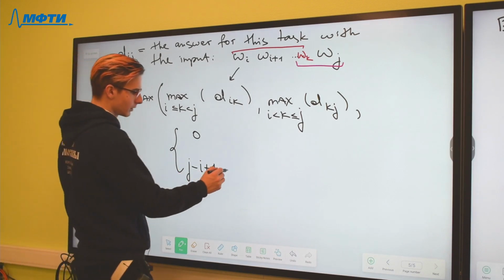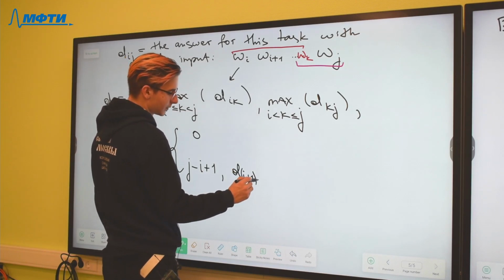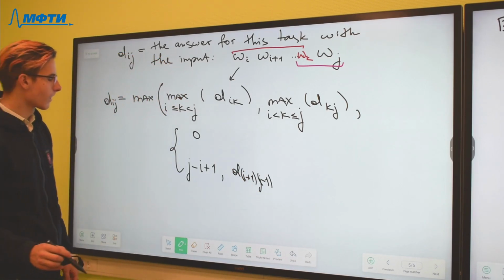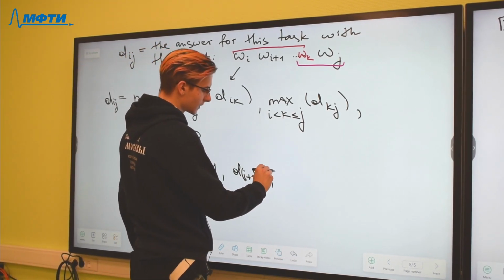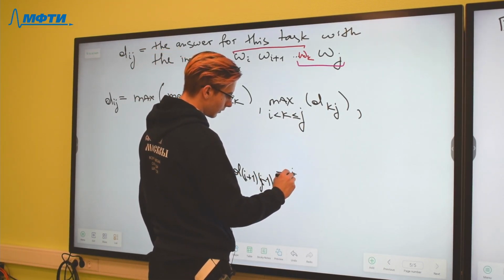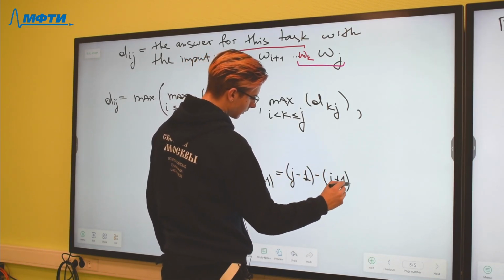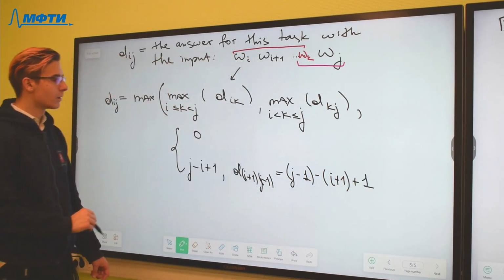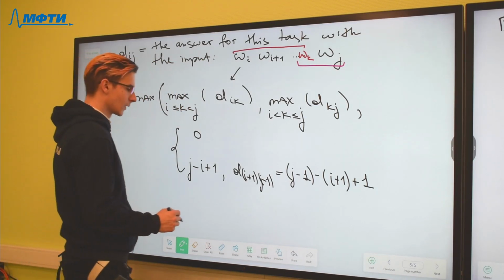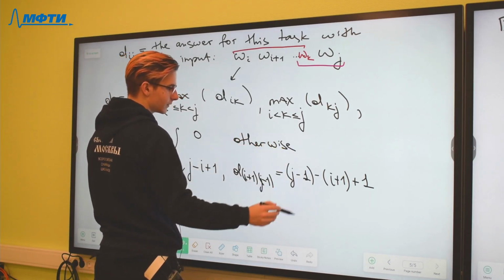It is if the answer for this subtask is equal to the difference between them, plus 1, and otherwise 0.